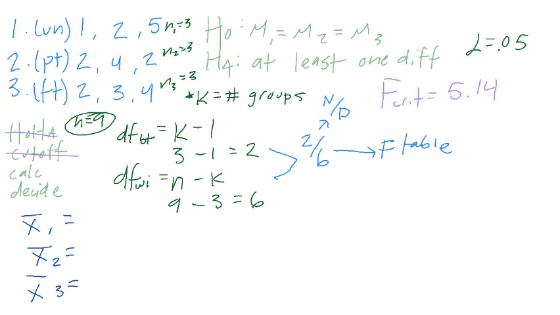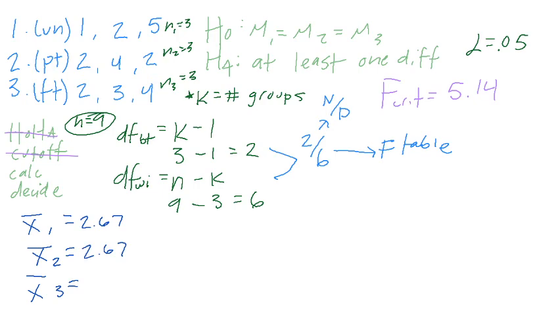So for the first one, I'm going to add up 1, 2, and 5. I'm going to divide by 3 because there are 3 data points there. So we get a sum of 8 divided by 3 gives us 2.67. And if you can imagine group 2, the sum is also equal to 8. And we have 3 data points, so we would expect this to be equal. And if we calculate it, we find out that it is.